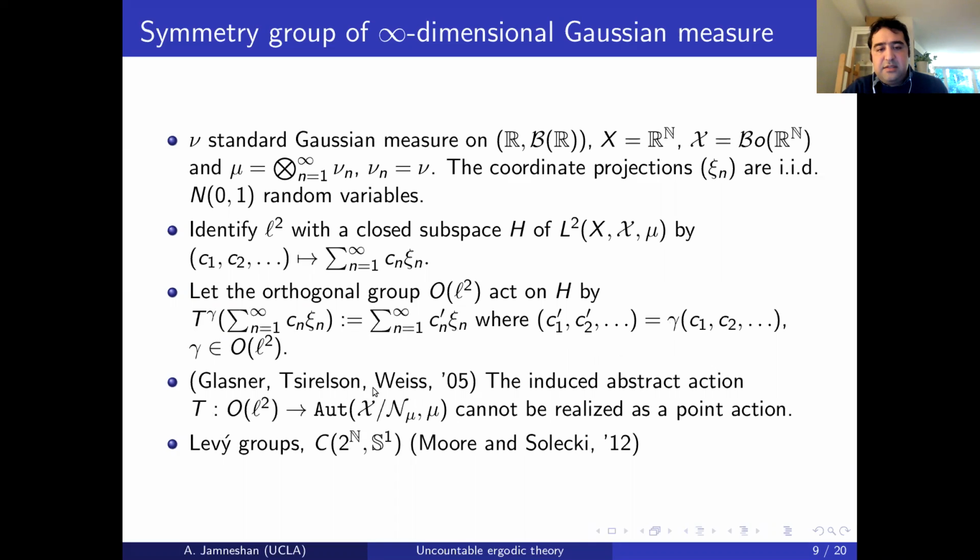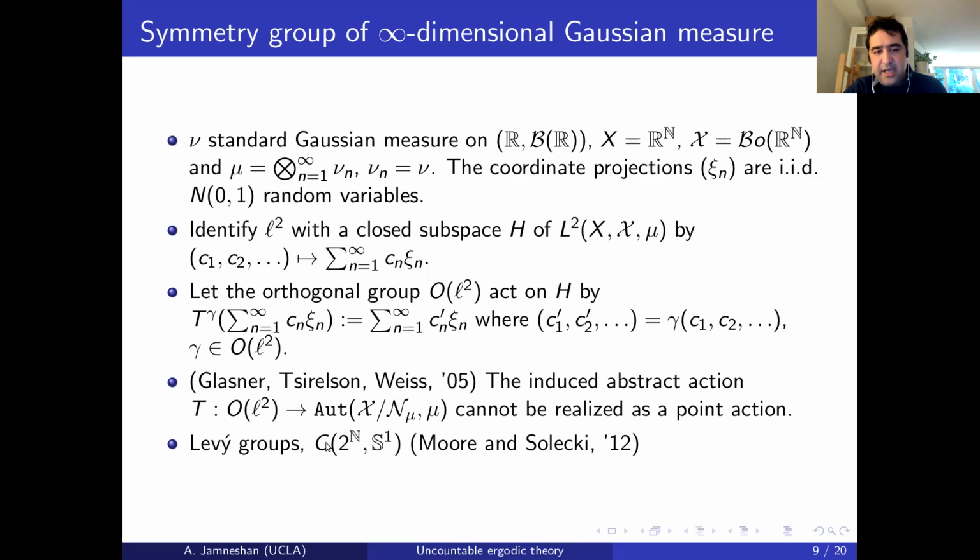So now in 2005, Glasner, Tsirelson, and Weiss proved that this action is only defined almost surely. The action of this orthogonal group on that probability space is not a pointwise action.